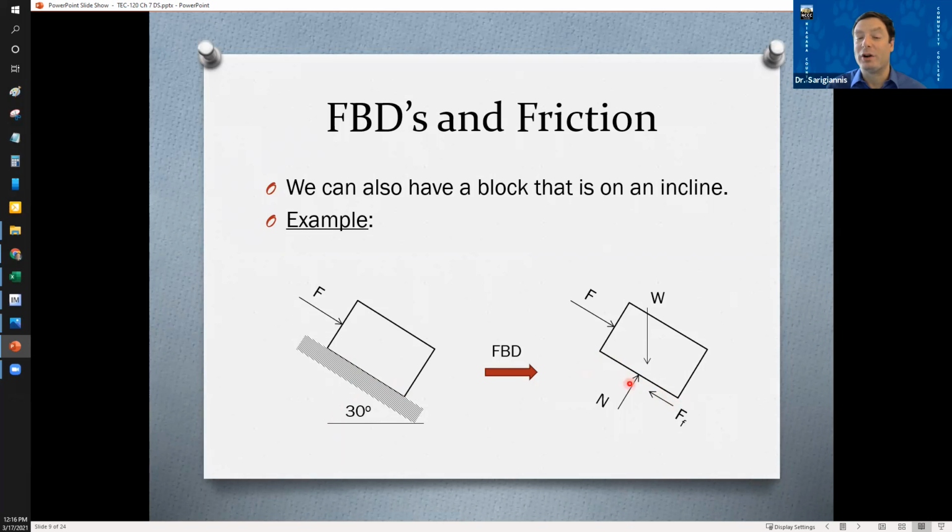The frictional force is opposing motion, right? So it's pointing upwards. And the weight of this object, you can see, points straight down toward gravity. So from here is where we can figure out that the normal force is not equal to the weight, right? It's some component of the weight. It's that perpendicular component of the weight.